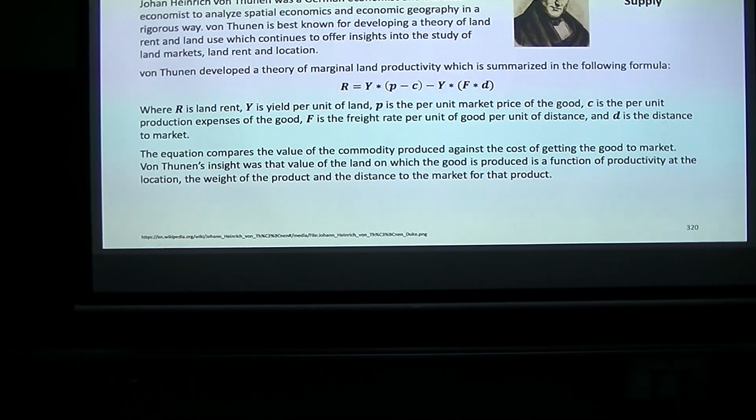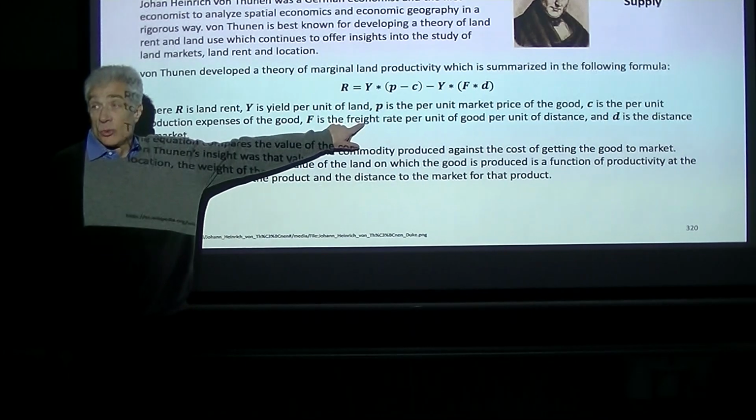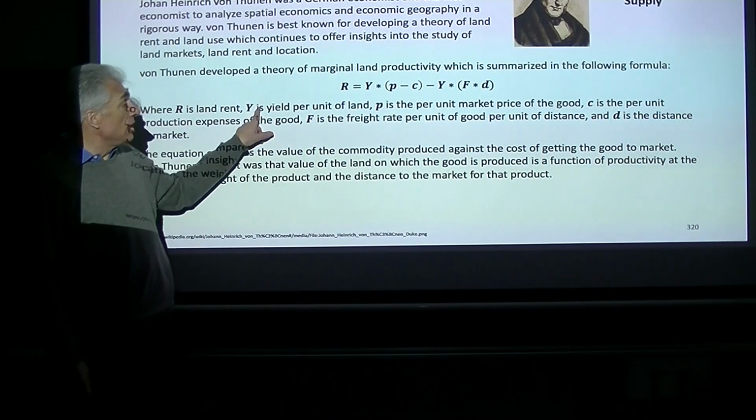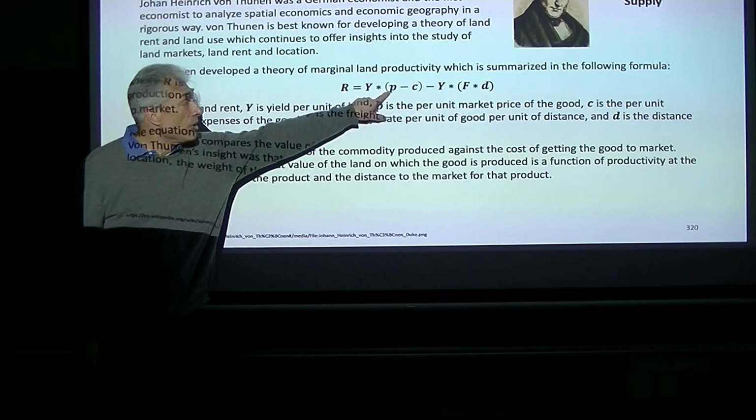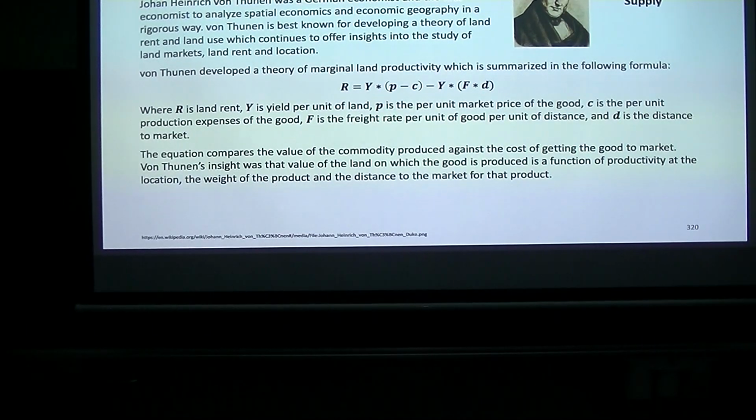And what it is that yields that are higher, in terms of value, yield per unit of land and in terms of market price, so yield times price. If we have a high yield and a high price, it's going to locate closer to the city.